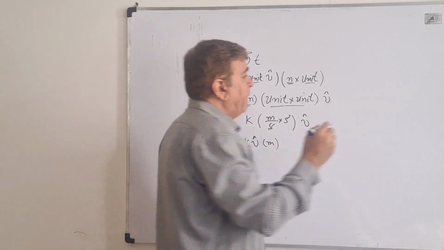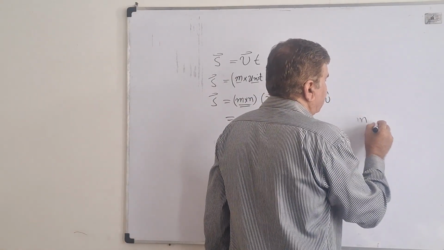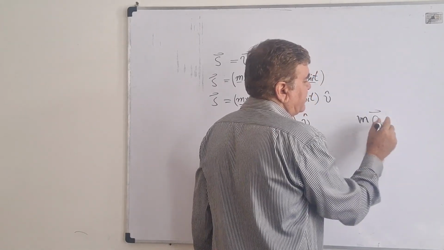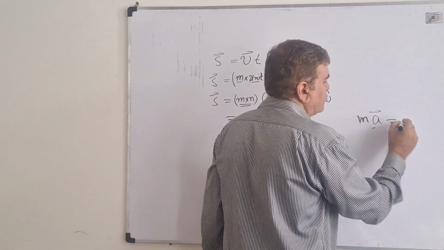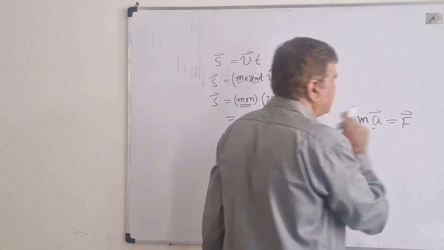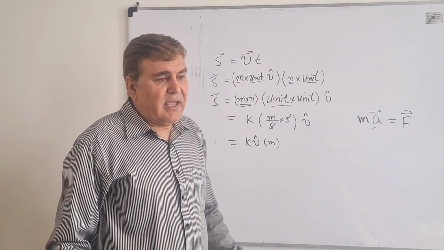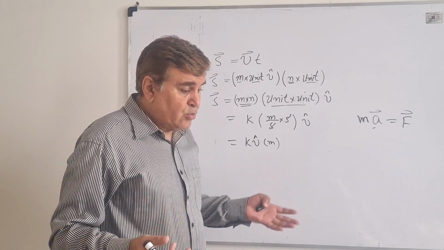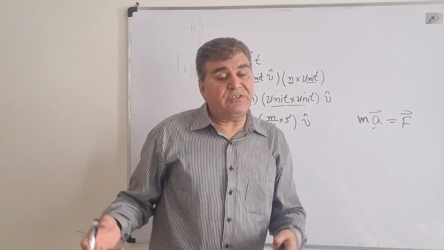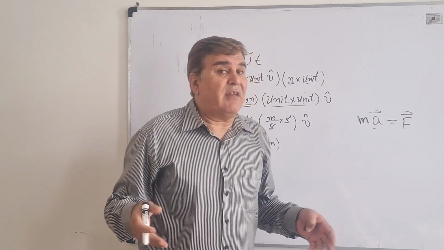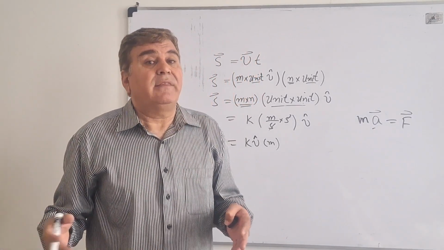Similarly, when we multiply mass with acceleration, the multiplication of mass with acceleration changes the nature of acceleration to force, which is in fact Newton's second law. But mass is always a positive quantity. Similarly, if we have volume, which is a scalar quantity, pressure, which is a scalar quantity, all these quantities are in fact positive.